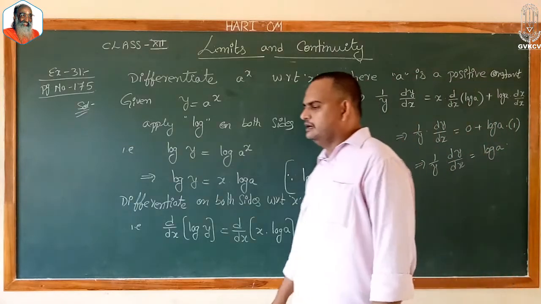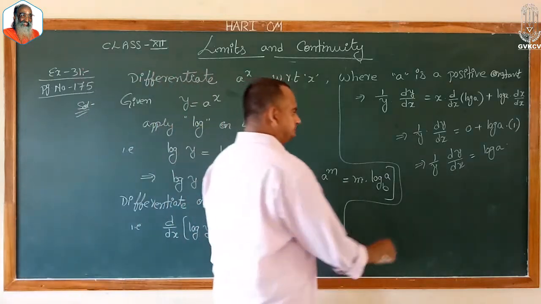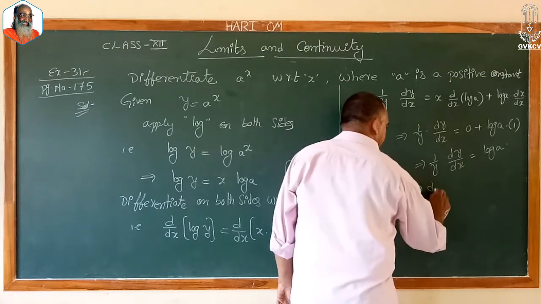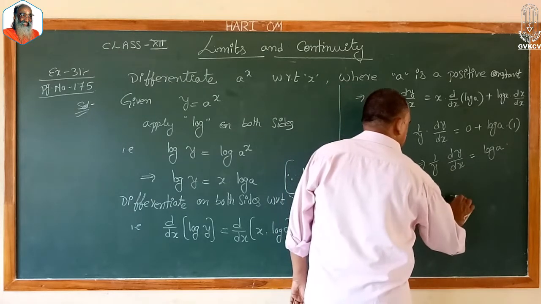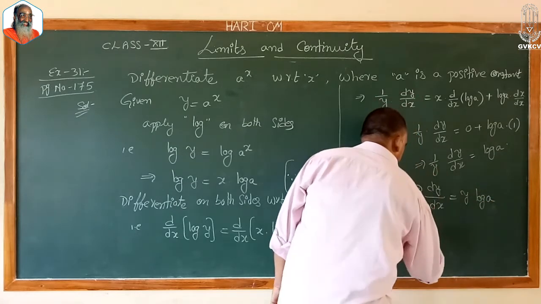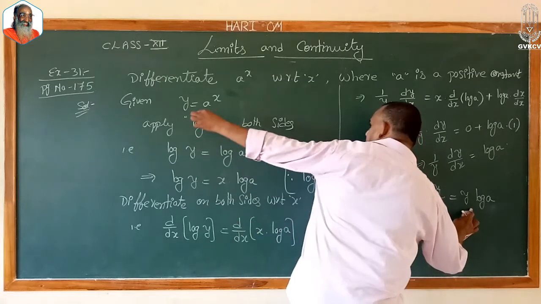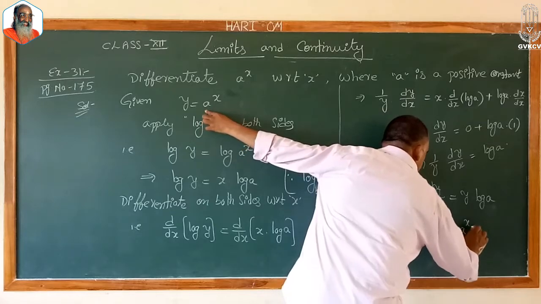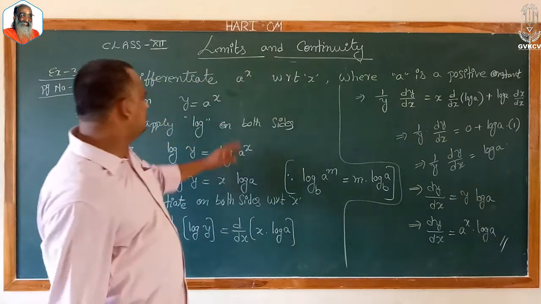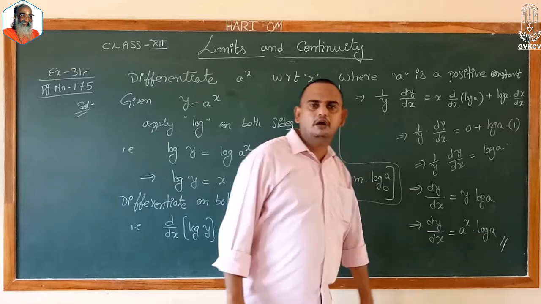Now y is divided, so it comes to this side and is multiplied. dy by dx is equal to y into log a. What is the meaning of y? a power x. So a power x into log a. So the derivative of a power x is a power x into log a.